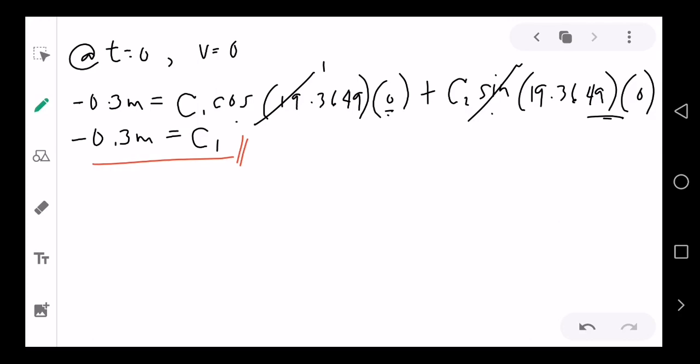Now, let's get the value of C2 using the C1 we got.